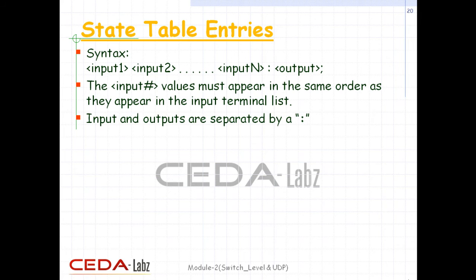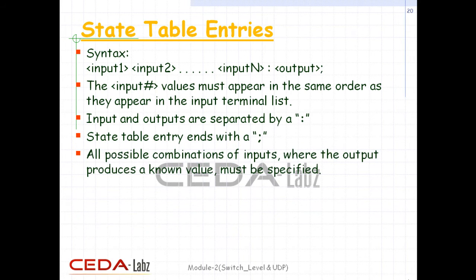Inputs and output are separated by a colon. A state table entry ends with a semicolon. All possible combinations of inputs where the output produces a known value must be explicitly specified. Otherwise, if a certain combination occurs and the corresponding entry is not in the table, the output is X. The use of default X output is frequently used in commercial models.